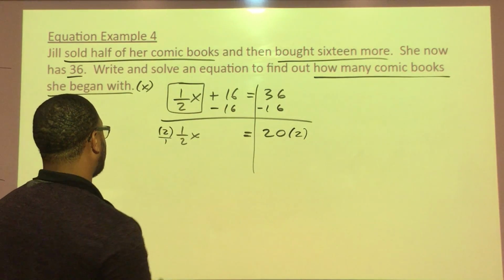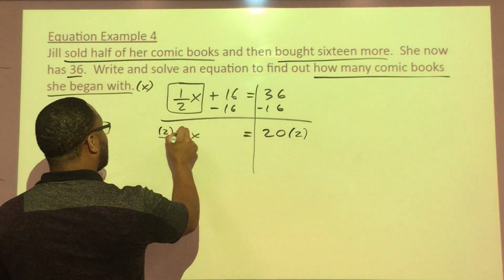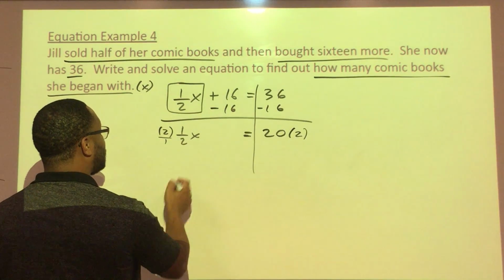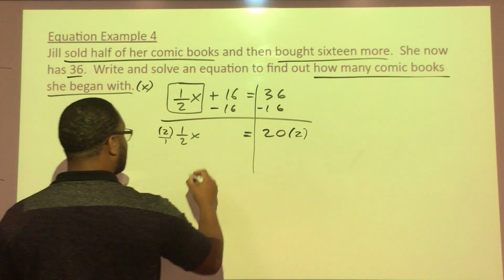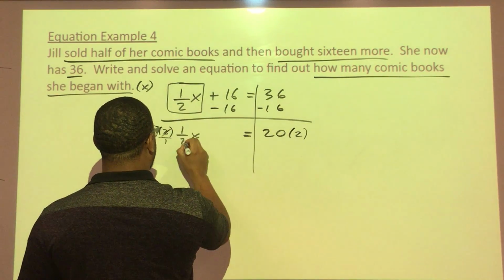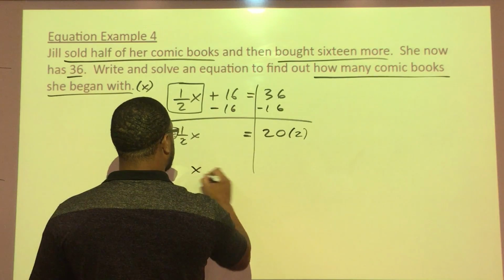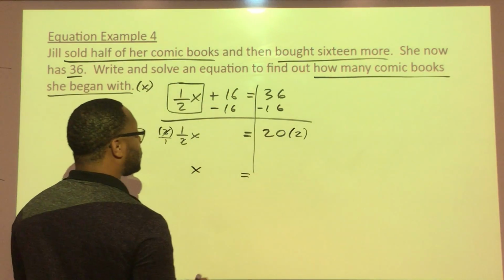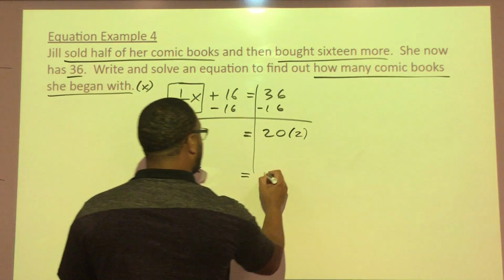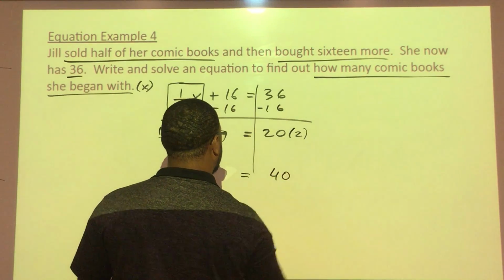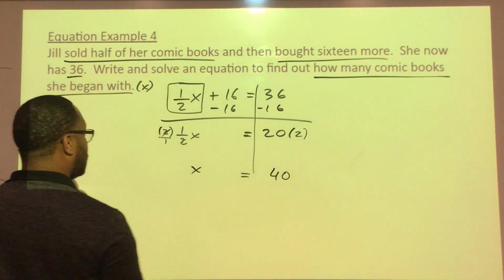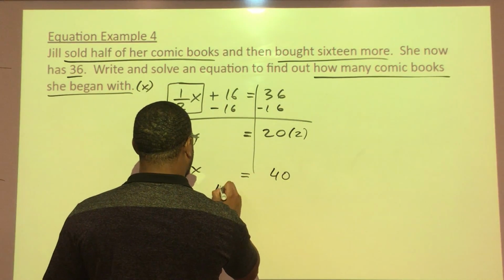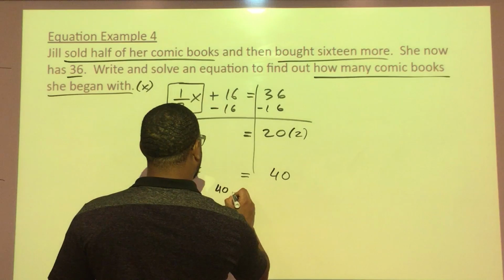That's how we multiply fractions. 2 times 1 is 2, 1 times 2 is 2. So 2 over 2, that's just going to leave me with x. So this is going to be x equals whatever 20 times 2 is, which is 40. So we can say that Jill started with 40 comic books.